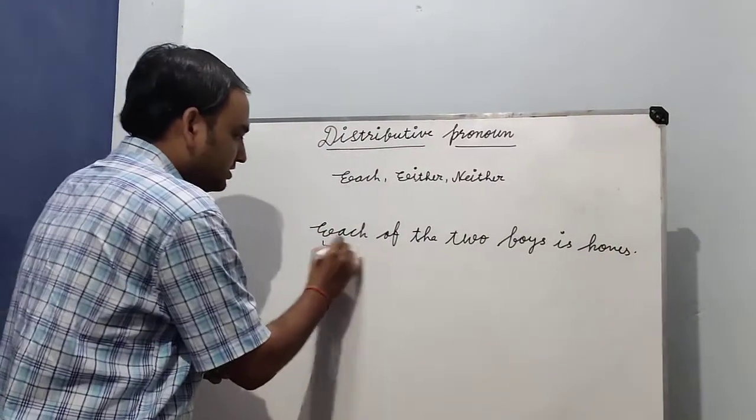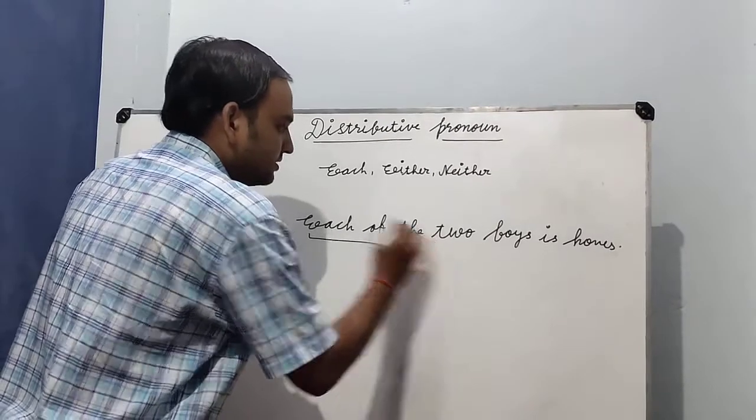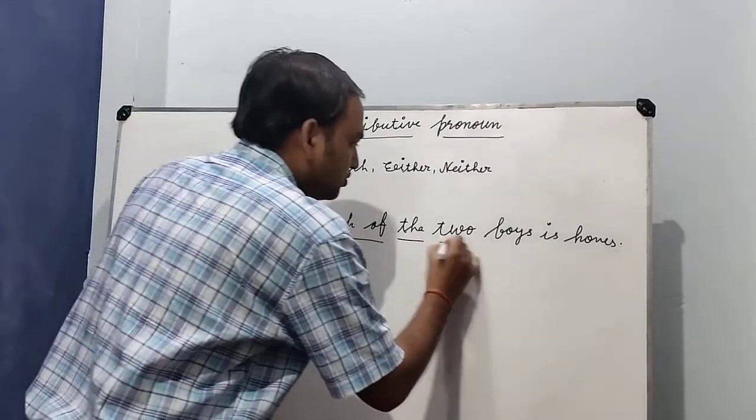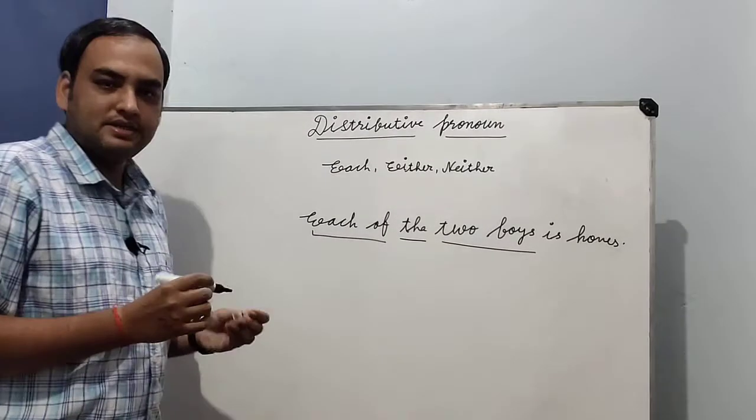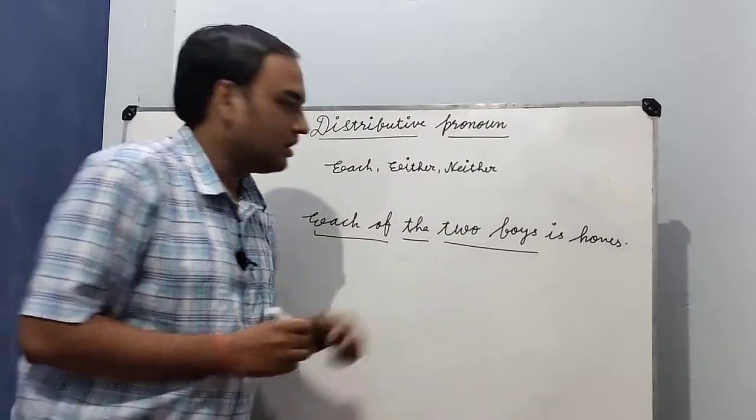Here each of represents a distributive pronoun. Here the and two boys are used. Okay, so here the noun is plural. Each of the two boys is honest.